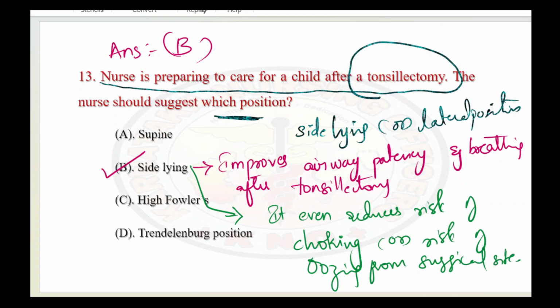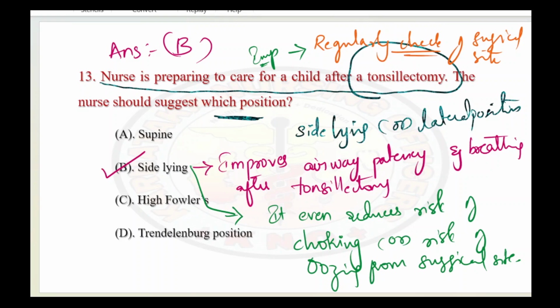Okay. The important measure we have to see is to regularly check the surgical site. Why we need to check the surgical site so regularly is sometimes we might not observe there is soakage in the dressing.